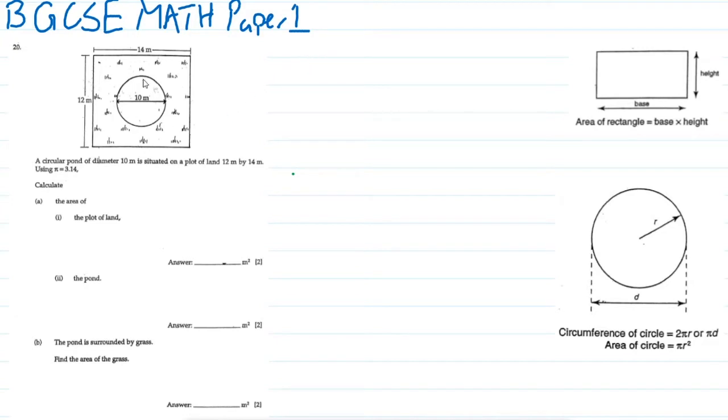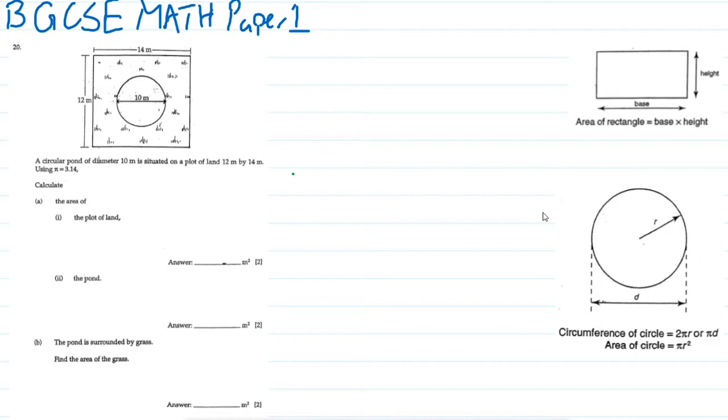If we look at this shape right here, we have essentially two shapes. We have a rectangle and we have a circle right on the inside. For us to calculate the area of the plot of land, we need to use some formulas. The two basic formulas we'll be using are the area of a rectangle formula and the area of a circle formula.